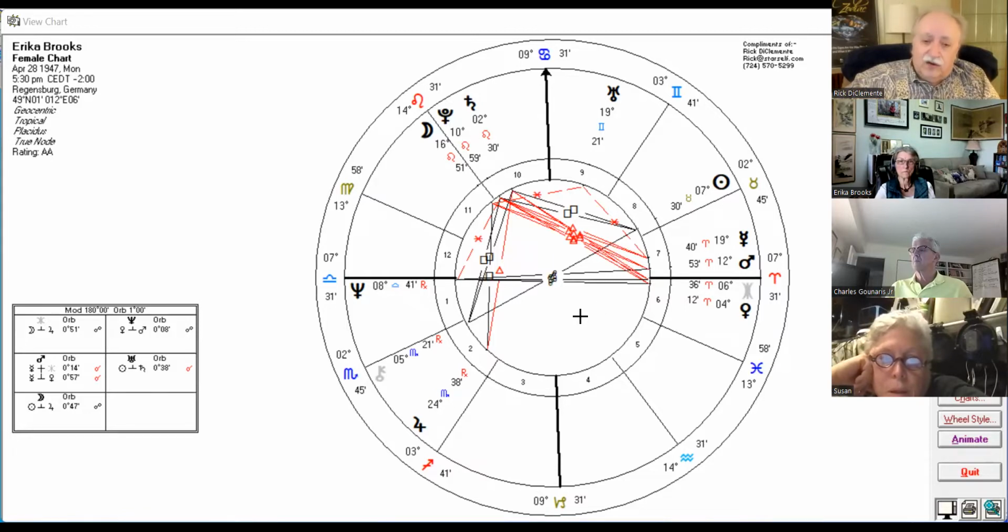Now, when you look at a house like the second house, your second house goes from the second degree of Scorpio until the third degree of Sagittarius. So the first degree of Scorpio is back in the first house. You see that?